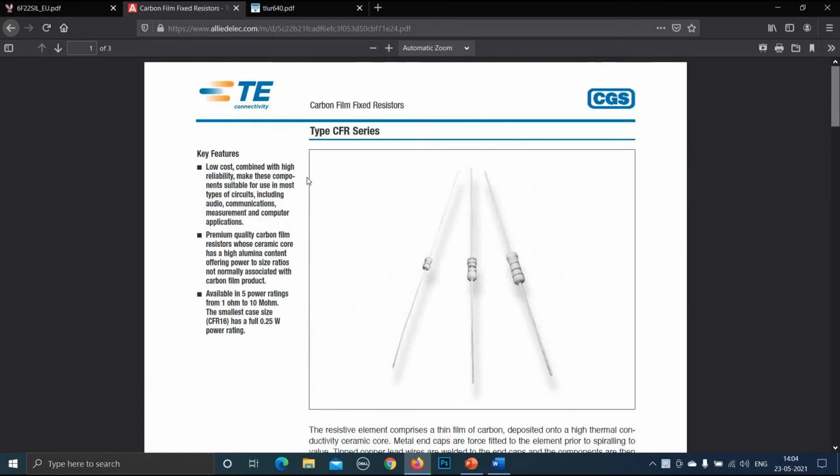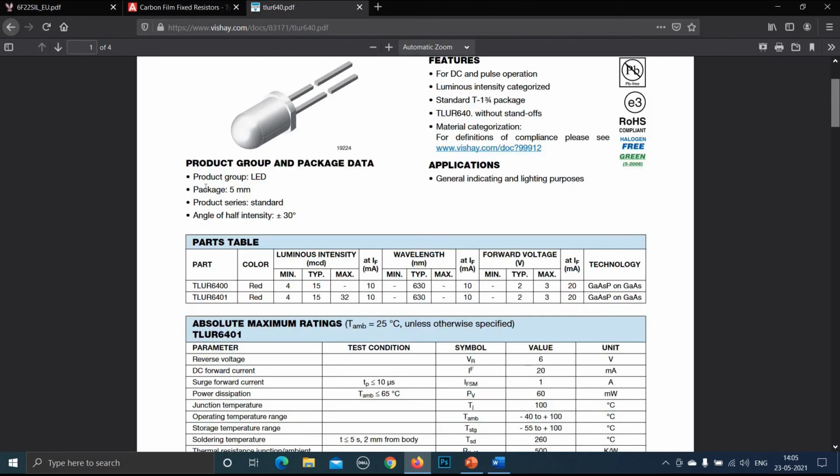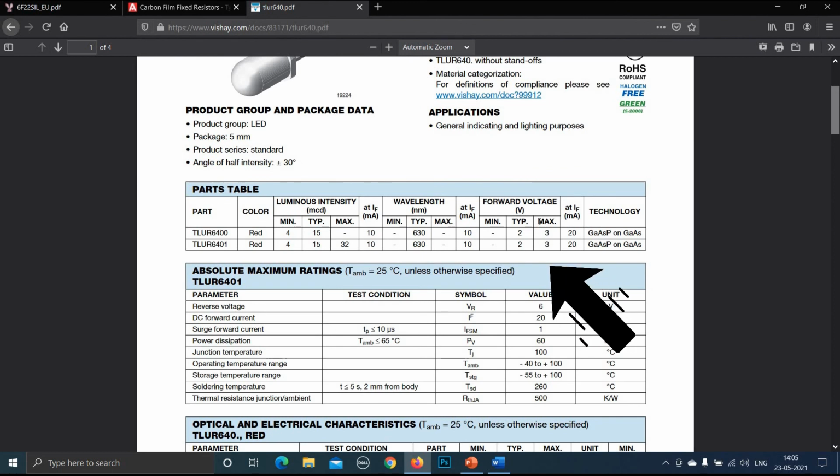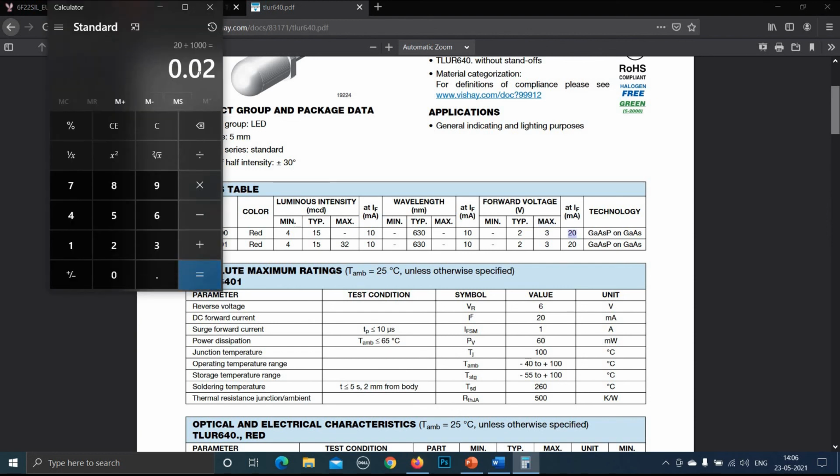Likewise, we want to find the resistor's wattage, tolerance and resistance value. And the same way for the LED, we want to find the current and voltage. Here you can see the maximum voltage we can use is 3 volts and 20 milliamps. That means 0.02 amps.